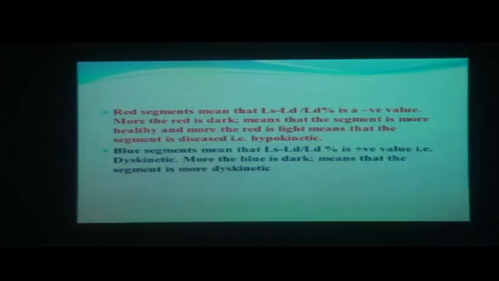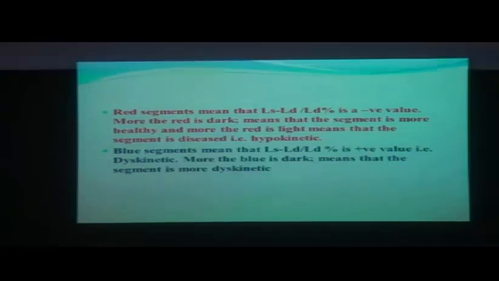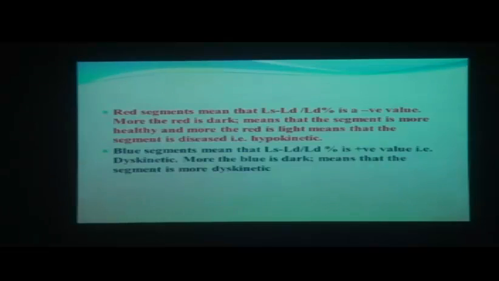The darker the red, the healthier the segment, and the lighter the red, the more the segment is diseased or hypokinetic. Blue segments mean that regional strain is positive, or dyskinetic. The darker the blue, the more dyskinetic or unhealthy the segment.